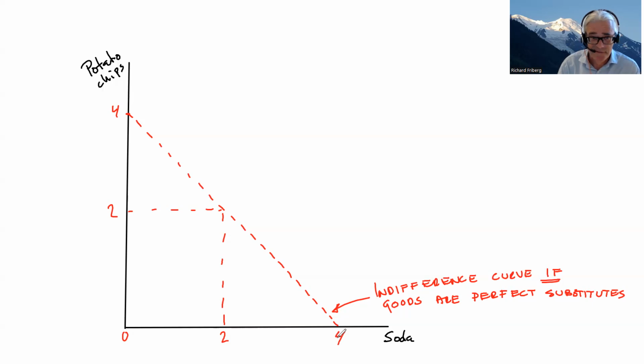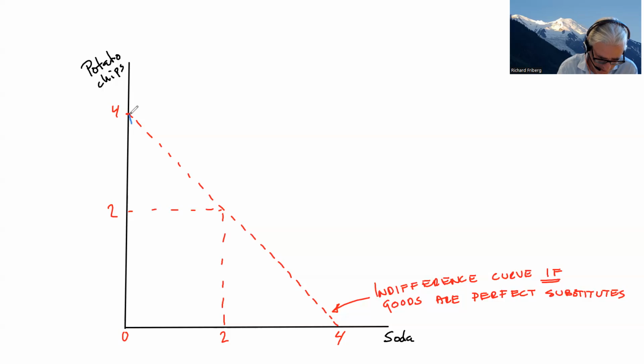So of course this will vary across individuals. You could be equally happy with 4 bags of potato chips and no drinks as with 2 bags and 2 drinks. But for many of us, we would think, if we're only consuming potato chips, it's kind of dry, right? It'd be nice to have something to water the mouth with a bit.